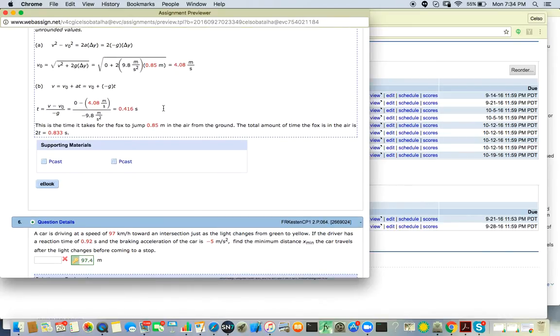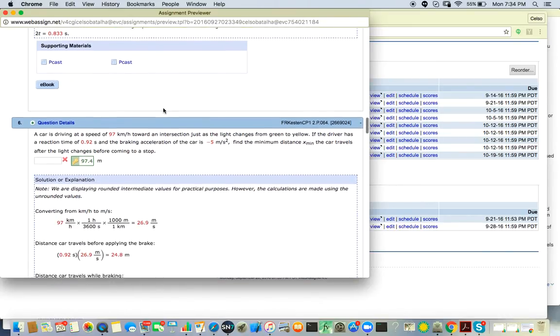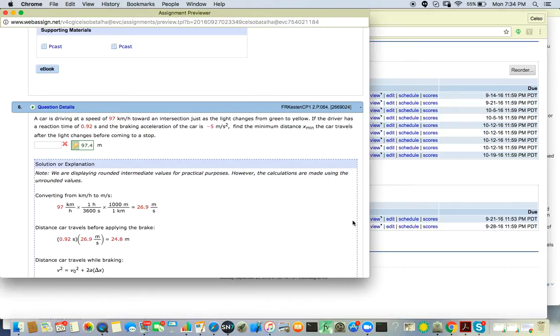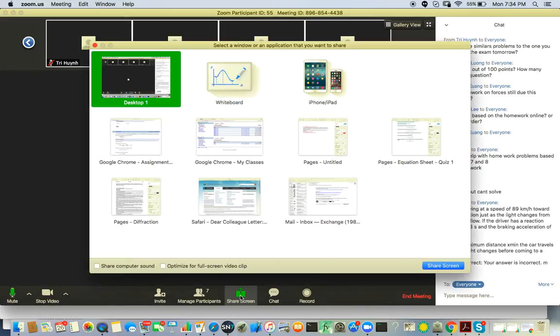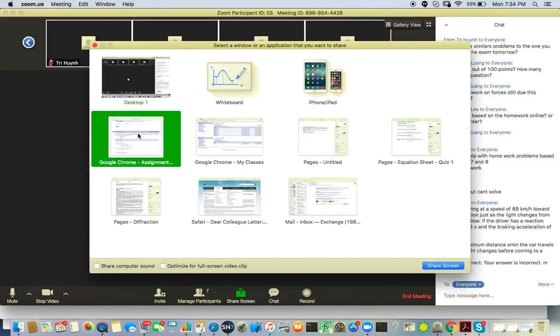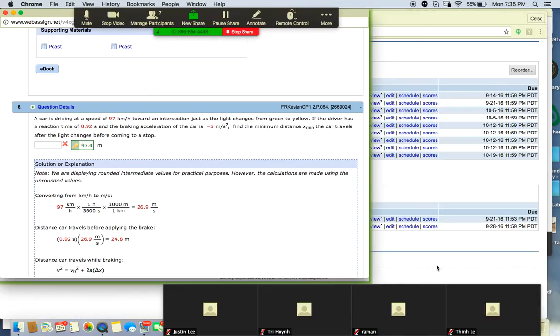Okay, a car is driving at a speed of 97 kilometers per hour. Okay, let me share this with you now. Let me go here, share the screen. Where is it? I think it's this one. Yeah. Can you see? Is that the problem you're looking for?